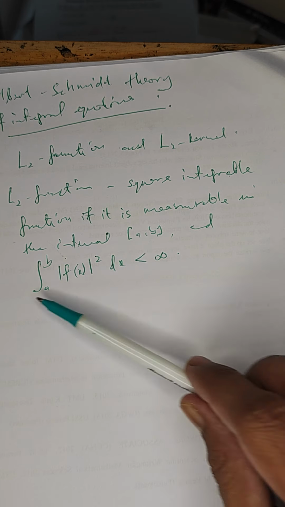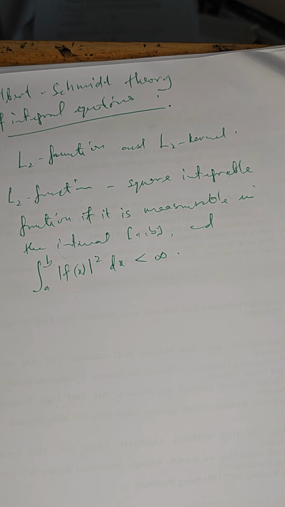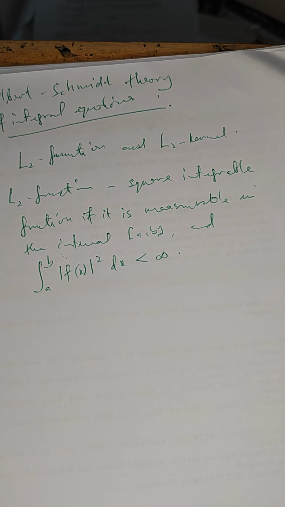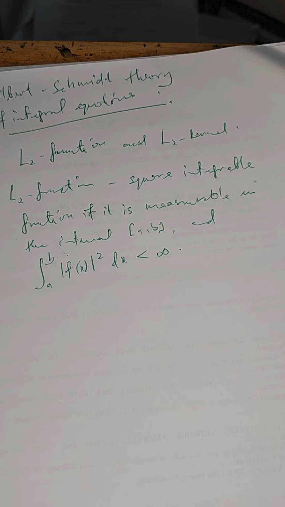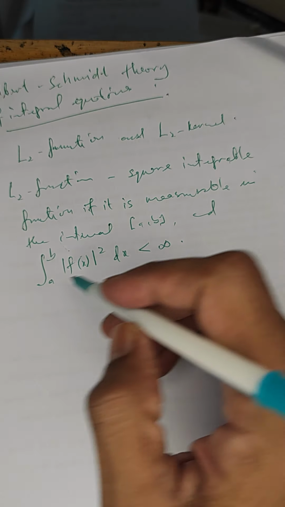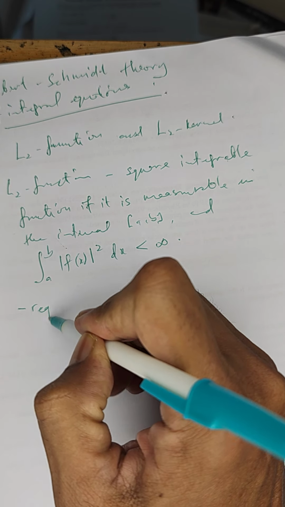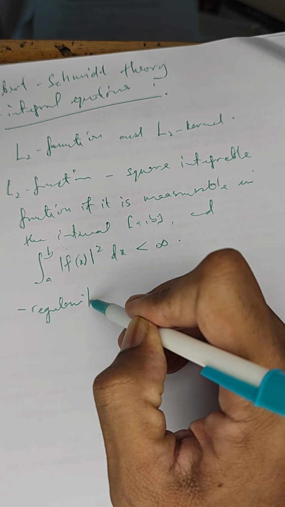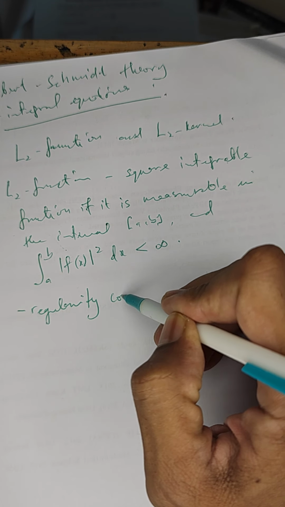The integral here is taken in the sense of Lebesgue, which means it's a wider range of integral as compared to a Riemann integral. We call this condition the regularity condition.